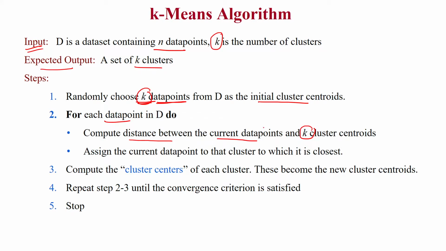Suppose I have this data point here and cluster centers 1 and 2; whichever distance is lower, the data point is assigned to that cluster. We do this for all the data points in the given data set.